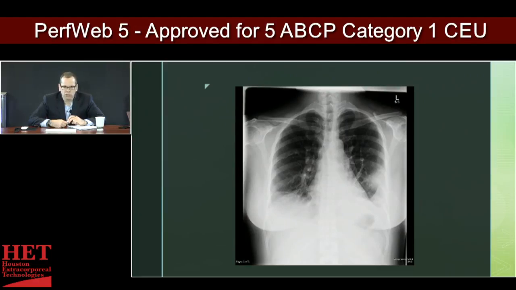Then we start to look at the soft tissues. I don't really see anything in particular. You can look up towards the scapular region and you can see that there's no air. So if they have a rib fracture, a pneumothorax, perhaps they've had a traumatic crush injury and you're being called in to place somebody on VV ECMO.